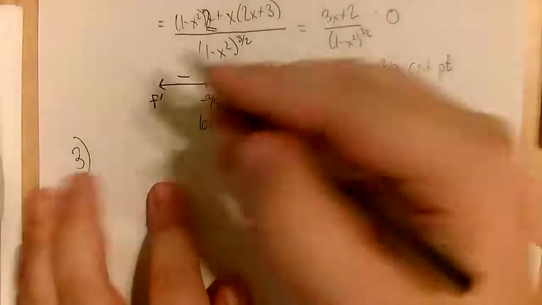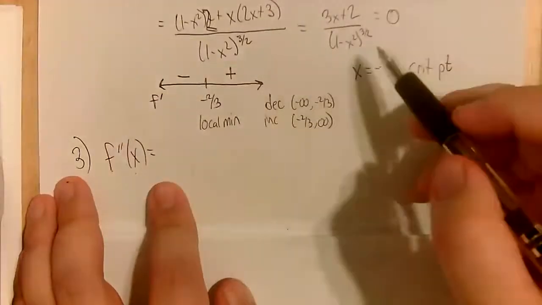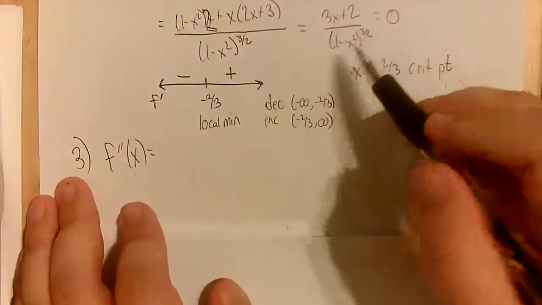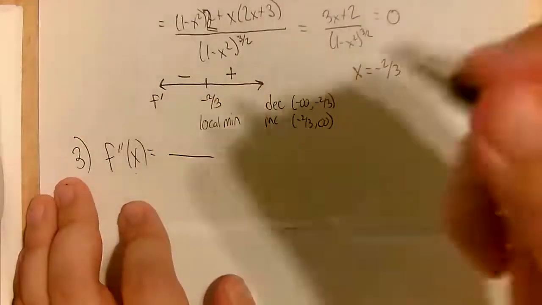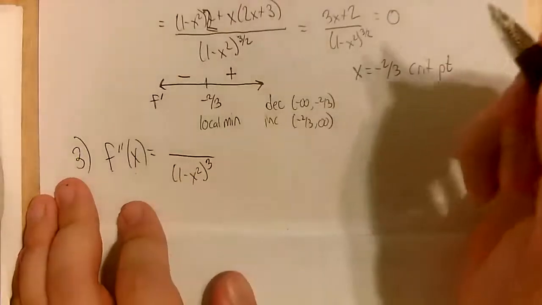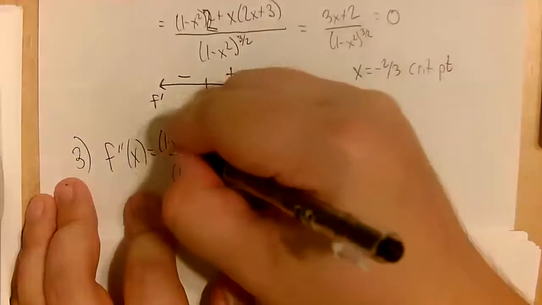All right, so I'm going to do my second derivative. Let's see. So again, I'm going to square the bottom, giving me 1 minus x squared cubed. Then I'm going to bring my bottom up to the top.